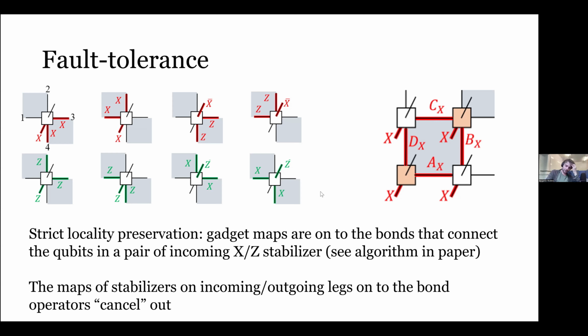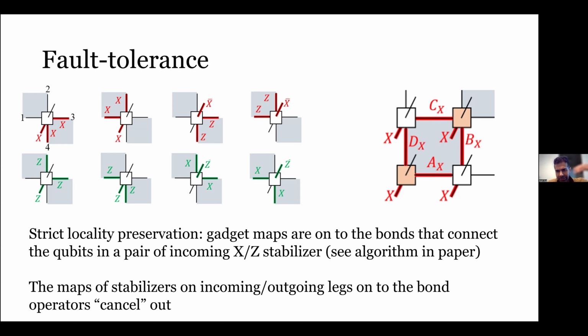May I ask a very quick question about that? Yeah. How is this related to Pauli webs, or is this just Pauli webs, or is there a difference? It's just Pauli webs, yeah. The webs we will talk about are the webs of these stabilizers.